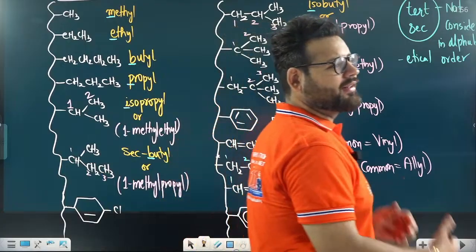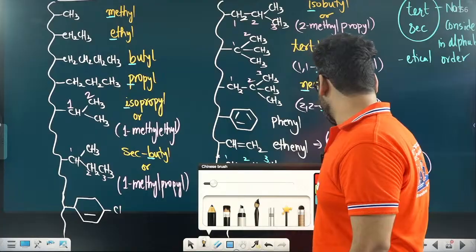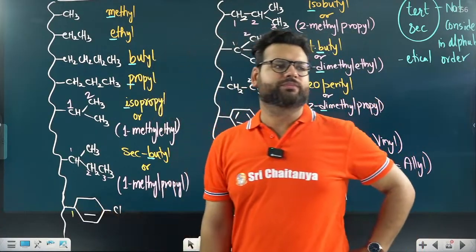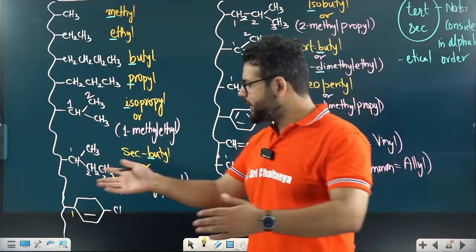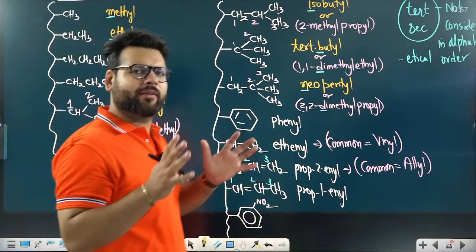It is 4-chlorocyclohex-2-enyl. What are we doing? Are we not understanding anything? This is the first carbon, carbon number 1, which is directly attached to the parent chain. From here, I'll do numbering by the normal rules, whatever rules you know.